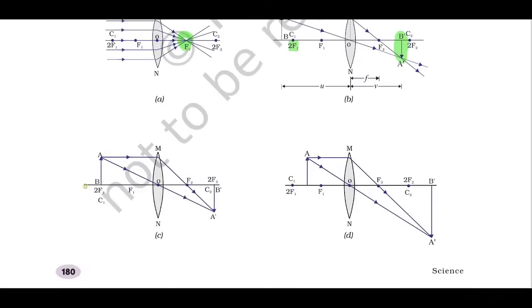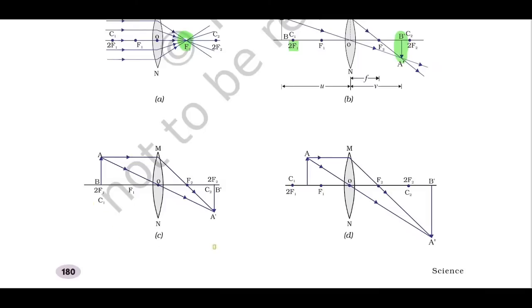In the same way, if the object is placed at 2F1, that is the center of curvature, the image formed is of the same size. It is formed at 2F2. The nature of the image is real and inverted. If the object is between 2F1 and F1, the image formed is enlarged. It is formed beyond 2F2.